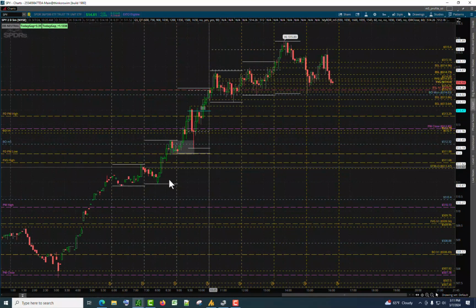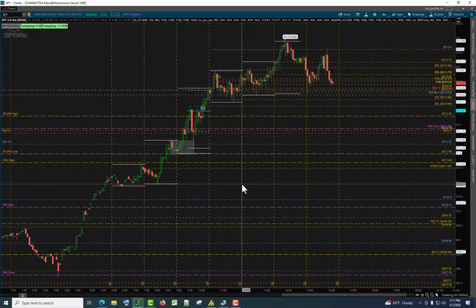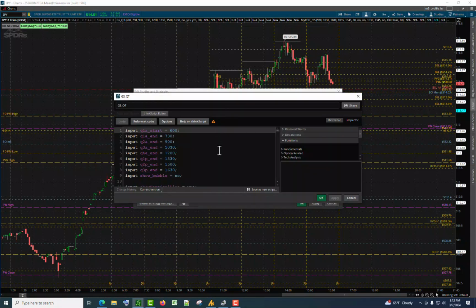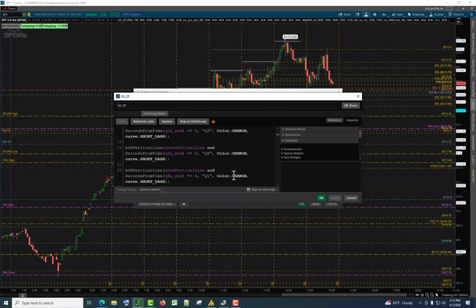So we divide this into two, the PM and AM. Let's see, right here we have the PM, the orange line, Q1.